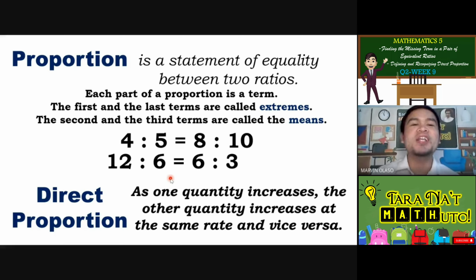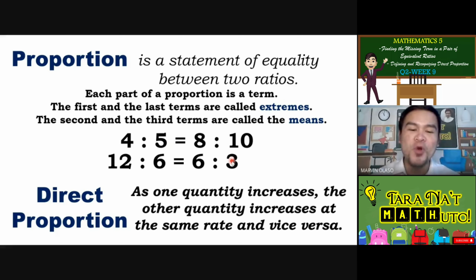Okay. So, they are what you call direct proportion. Again, when we say direct proportion, when one quantity increases, the other quantity increases. Or when one quantity decreases, the other quantity decreases also. So they are called direct proportion.